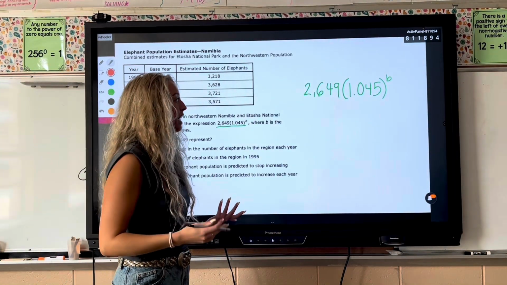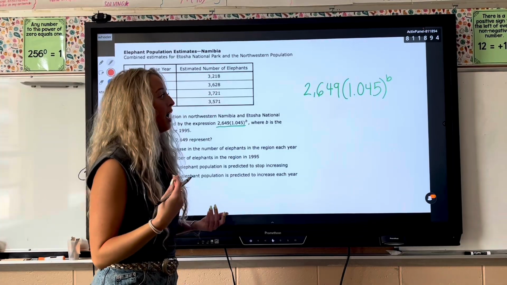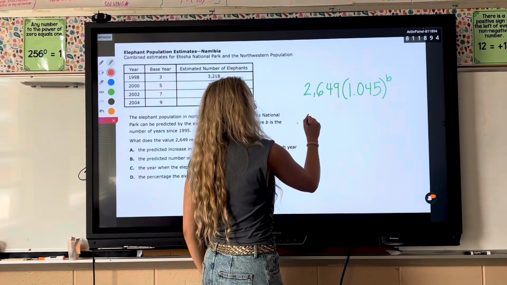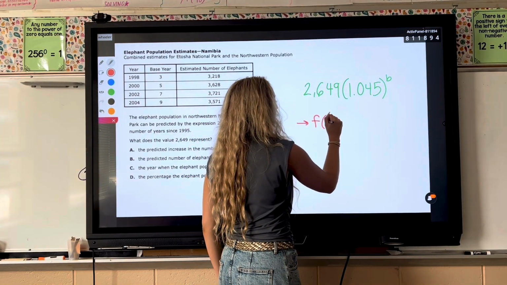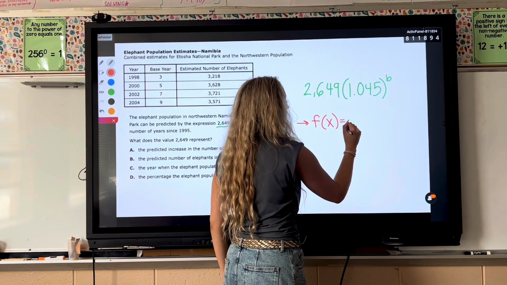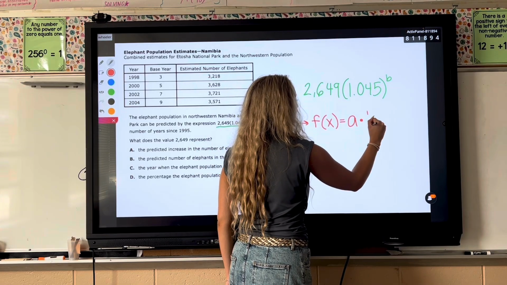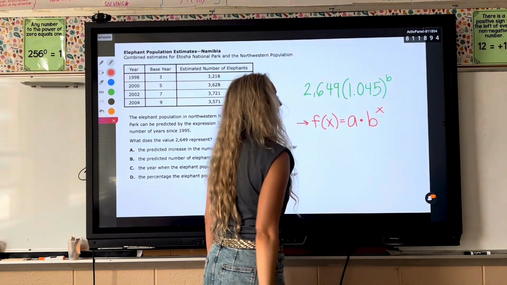All that you need is some common knowledge of exponential functions and exponential models. So the formula for a basic exponential function is f of x equals a times b to the x power.